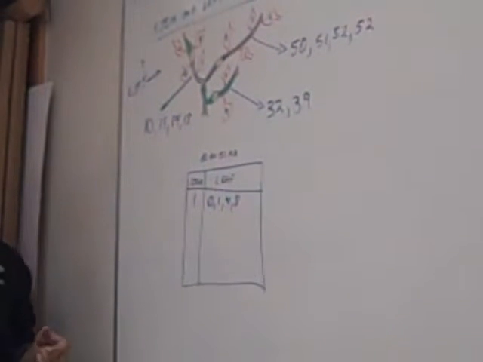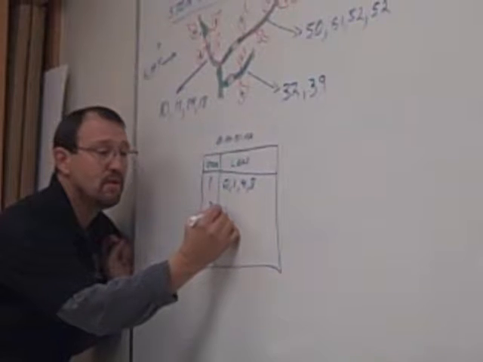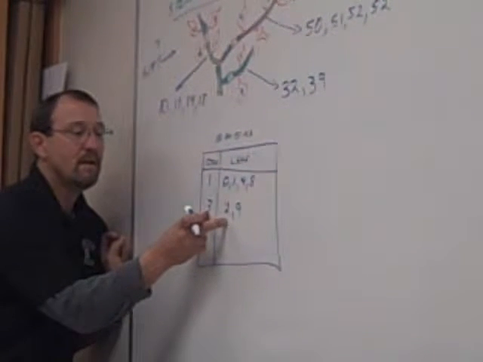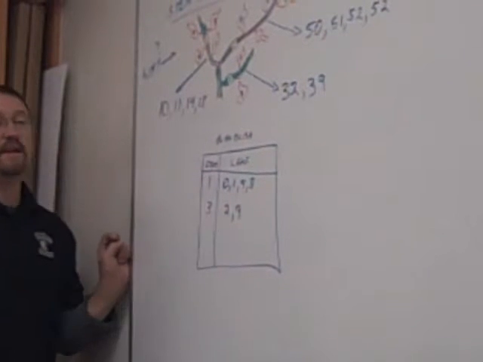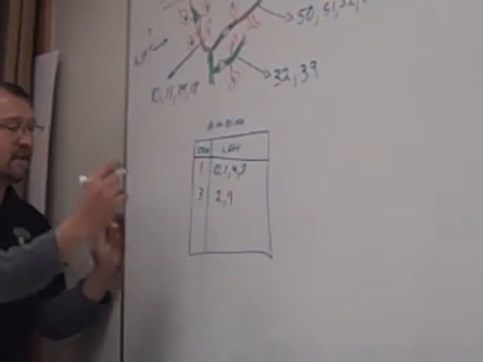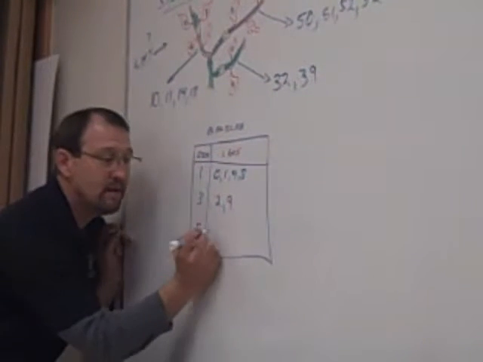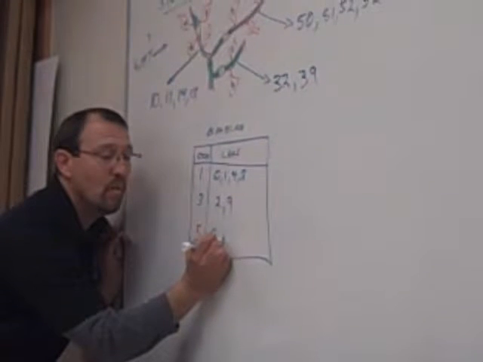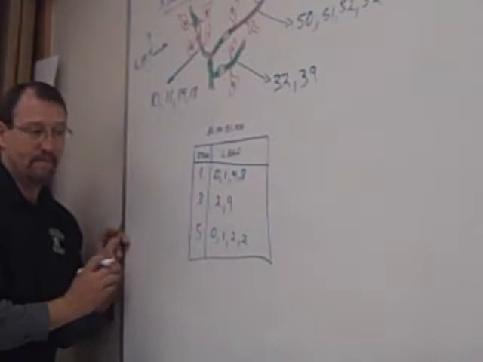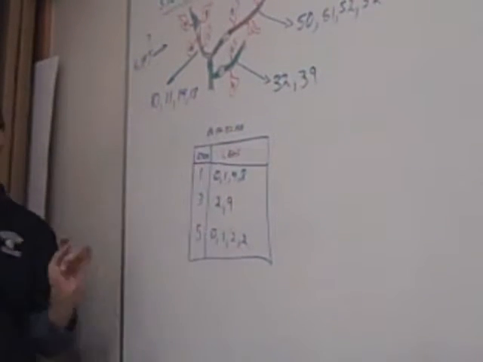What was the next stem? 3. And who was his leaves? 2 and 9, which represent 32, 39. And the last stem was the 5 stem, and it had 0, 1, 2, and 2 again. 50, 51, 52, 52.